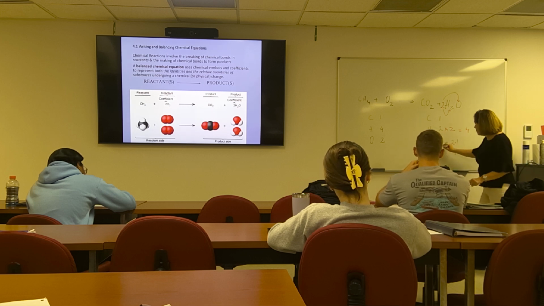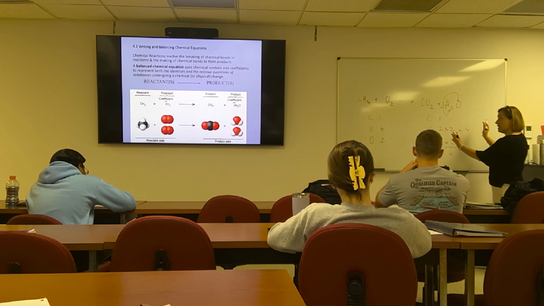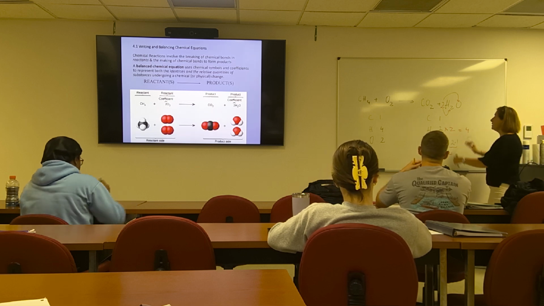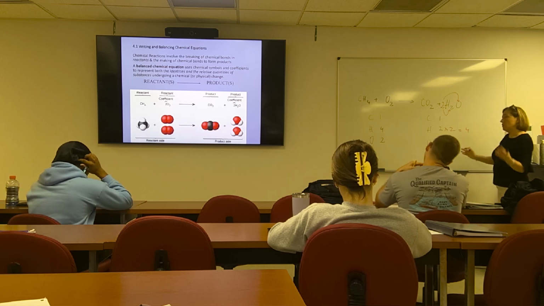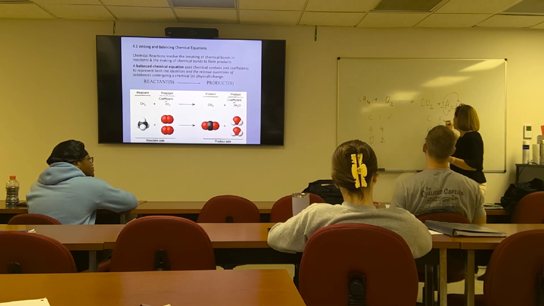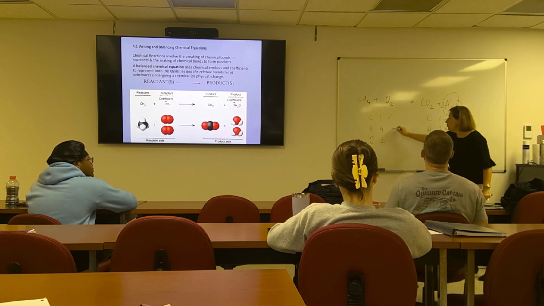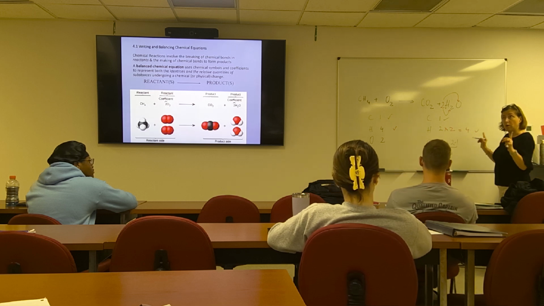So now I have a total of 4 oxygens on the product side. So 2 from here and 2 from here, total of 4 oxygens. So now you take a step back and you double check, okay, what is my situation? 1 carbon, that's still balanced. 4 hydrogens with 4 hydrogens, these are balanced, equal on both sides.